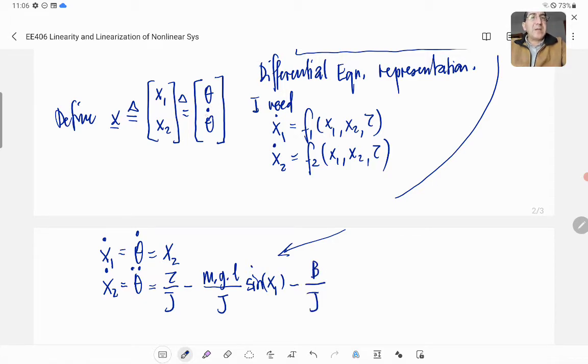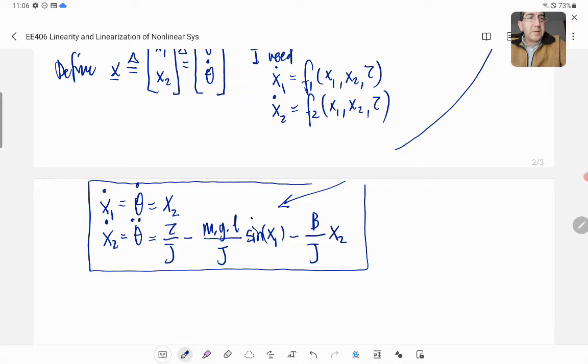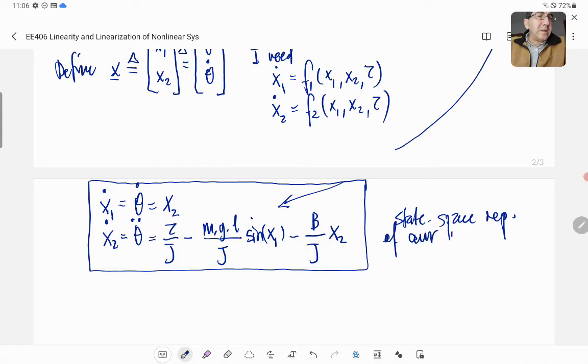But remember, theta dot is nothing but my second state. So that's going to be x2. So that is the state space representation of my nonlinear system.